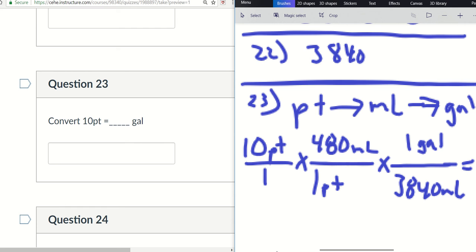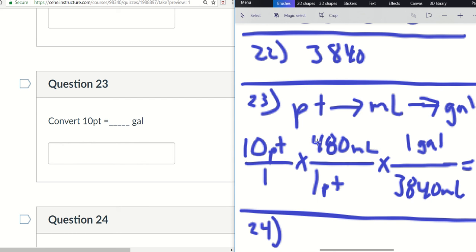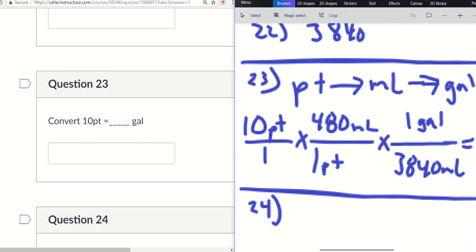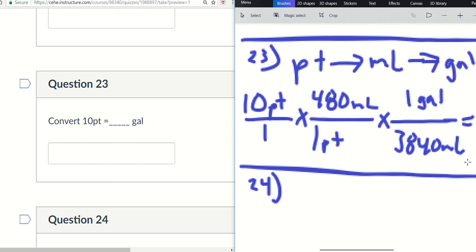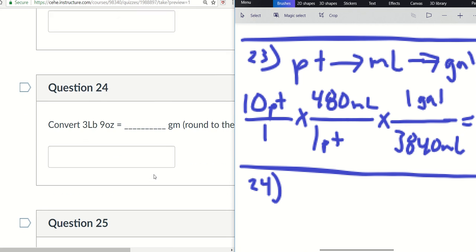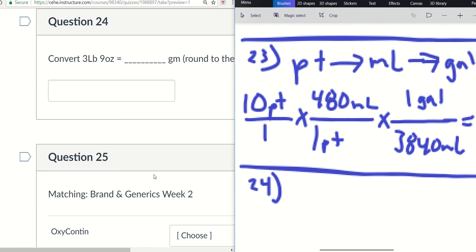So you have how many? 1.25, yeah, 1.25. So you do 10 times 480 divided by 3840. What do you get? 1.25. 1.25, yeah, 1.25.